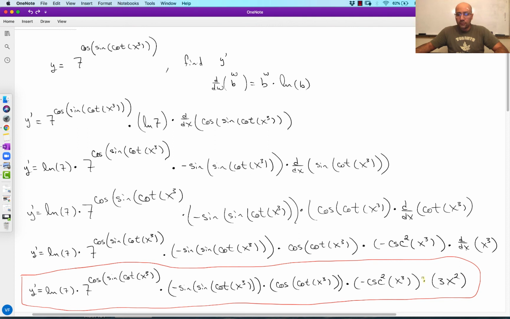It's this term times this term times this term times this term times that term times this term, and then times ln of 7. So it's a product of a bunch of stuff. So be really clear and neat with your parentheses and take up a lot of space in order to get through this. Okay, but this should be about as bad as it gets in this section.